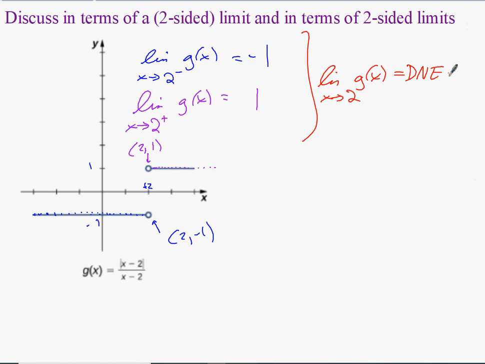Does not exist. Yeah, there is no limit. There are separate one-sided limits, but there is no limit. When I say just plain old limit, I'm implying a two-sided limit, right? So that's one that does not exist.